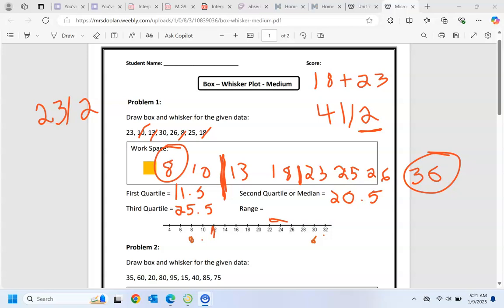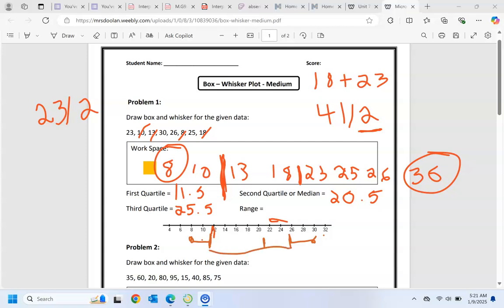So then we said quartile 1 is 11.5, so I will put that right here. So then I can make my whisker. And then the third quartile is 25.5, so I'm going to put that right here. And I'm going to draw a whisker. And then the median is 20.5.